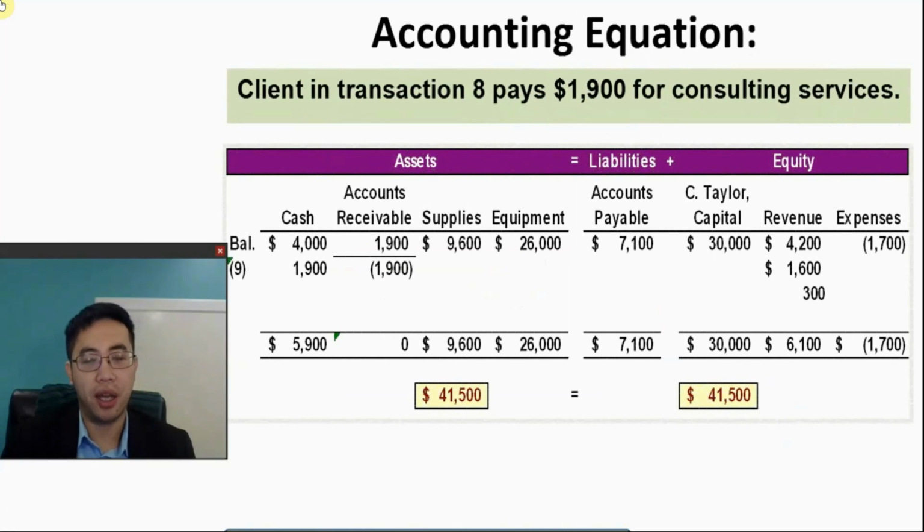On the accounting equation, accounts receivable decreases, but cash increases by the same amount. It's just like your assets transformed from partial accounts receivable to partial cash. The total balance is still the same for total assets, and nothing changed on the equity and liabilities part.